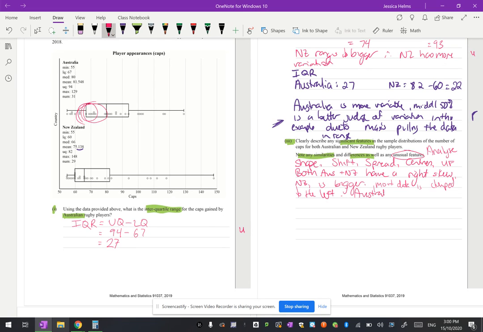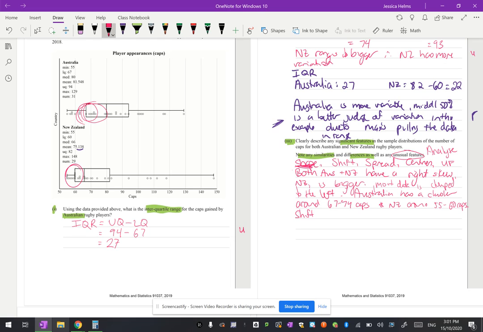Australia has a cluster around 67 to 74 caps, and New Zealand around probably just this bottom end here, really, so 55 to 60 caps. Okay, so that's shape. Now let's talk about shift.